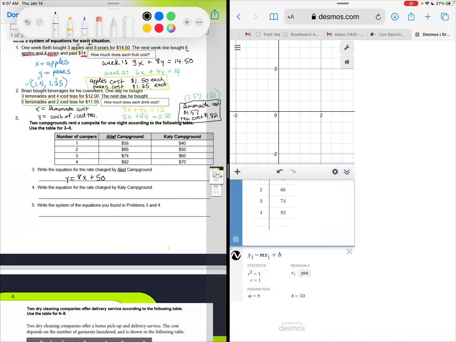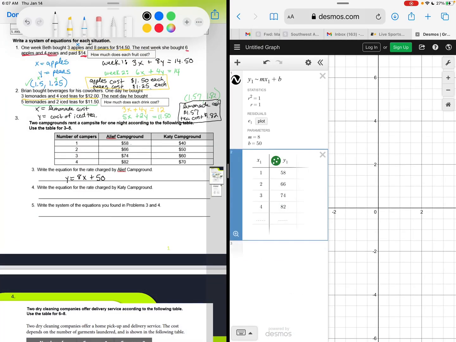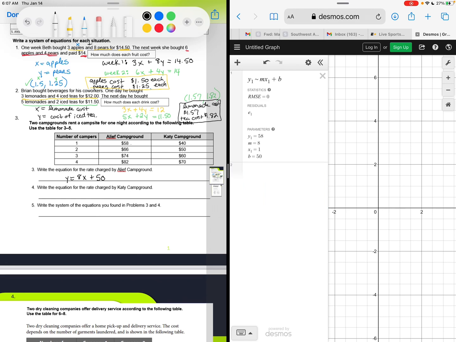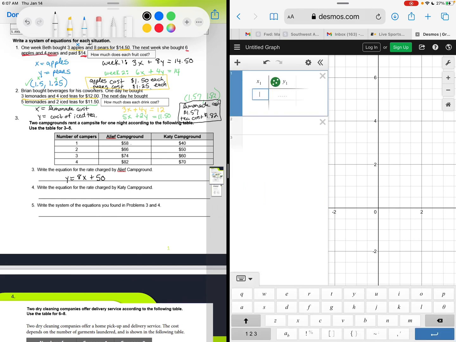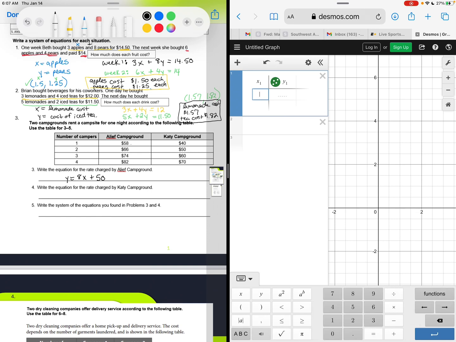All right, now we're going to do the same thing, but we're going to now do it for Katy. So remember, 1, 2, 3, 4. All right, don't need 5. And we're going to type in the cost for each camper: 40, 50, 60, 70. All right, cool beans. Now we're going to come here and tell the calculator that we want it to create an equation for us.